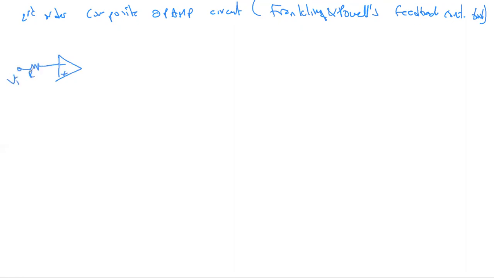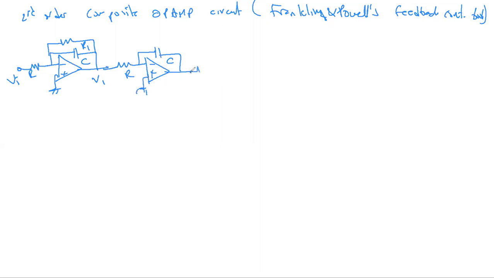So we have VI, R, grounded, and I have here SC, and I will have here R1. This is going to give me V1. Then we run this through an integrator. We put the same R value and same C value here. And we have here a V2, R, minus, an inverting amplifier. Same R value is used to get V0.